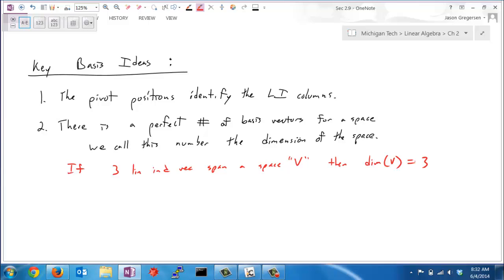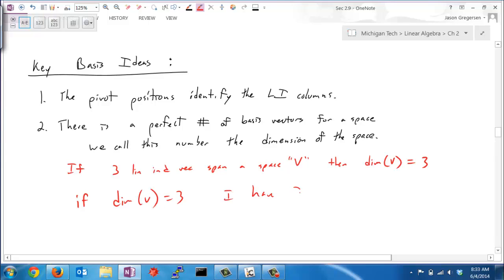Okay. All right, so if I have a space with dimension 3, then it takes exactly 3 linearly independent vectors to span the space. So if the dimensions of V is 3, and I have 2 vectors, could those vectors be linearly independent? Clicker quiz, yes or no?